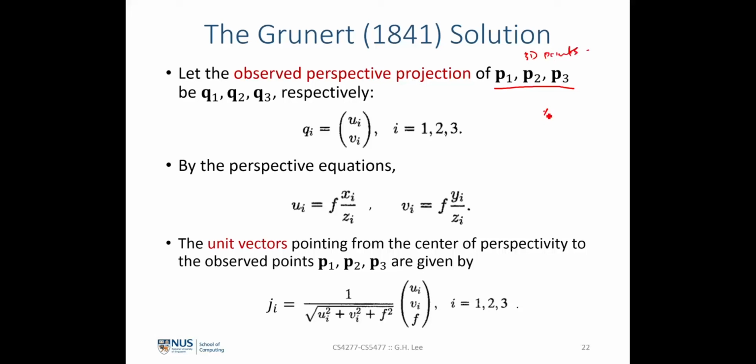And we know that these 3 points, the 3D points P1, P2, P3, are going to be projected onto the image as 3 image points here, which we will call Q1, Q2, and Q3 over here. So each one of these, denoted by Qi, is simply represented by the inhomogeneous coordinates of Ui and Vi, which means that it's the image pixel location.